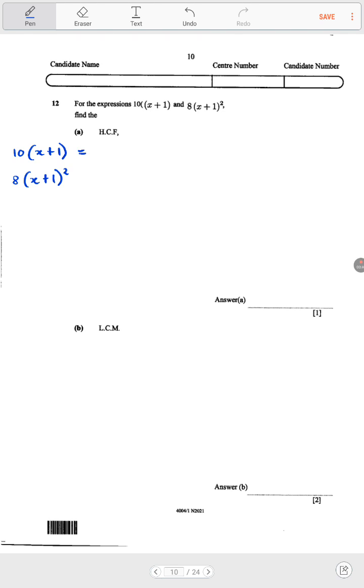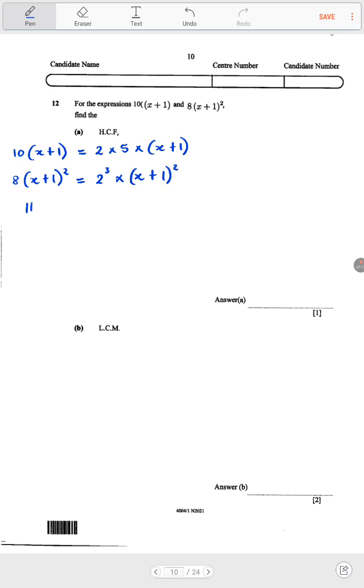The factors of the first number are 2 times 5 times (x + 1), and the factors of the other number are 2 to the power 3 times (x + 1) squared.